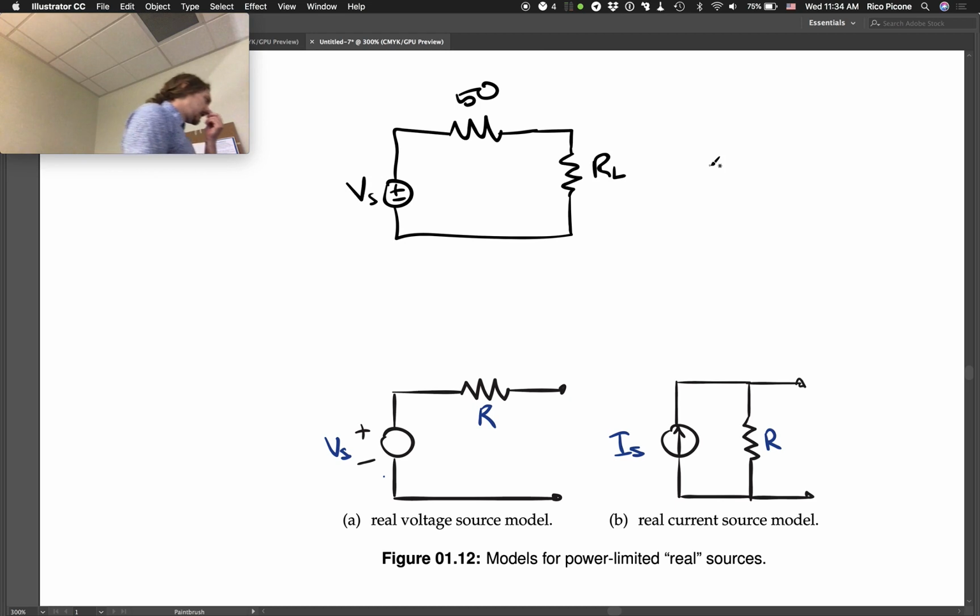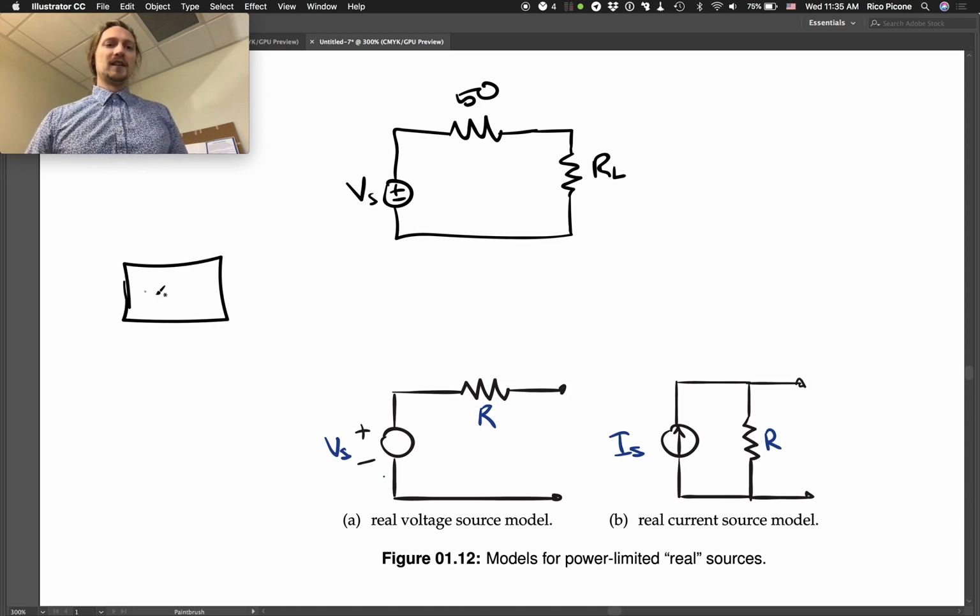So the function generator, you set it to some voltage. Say you set it to 5 volts. On the screen, it says 5 volts. We're ignoring amplitude or peak to peak here. I'm just going to assume we're doing amplitude. Some of them talk about it in peak to peak, some of them talk about it in amplitude.